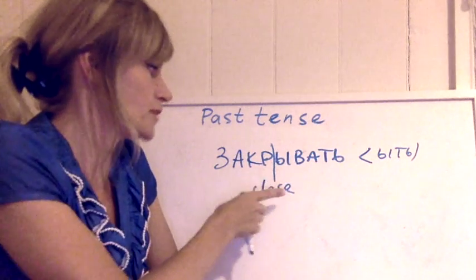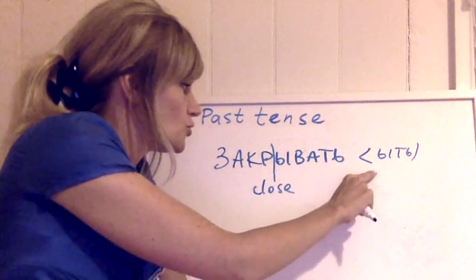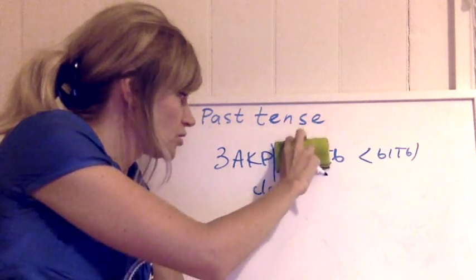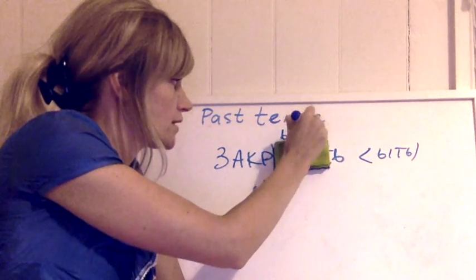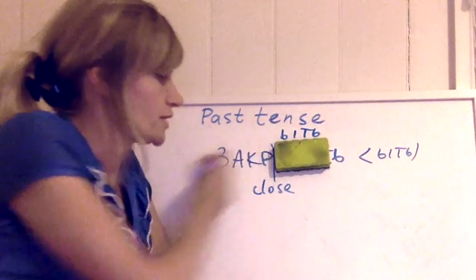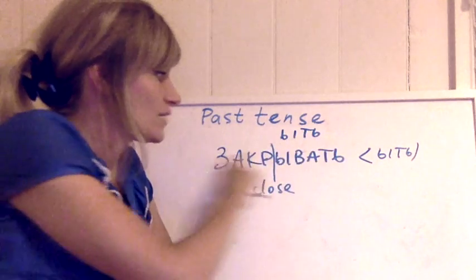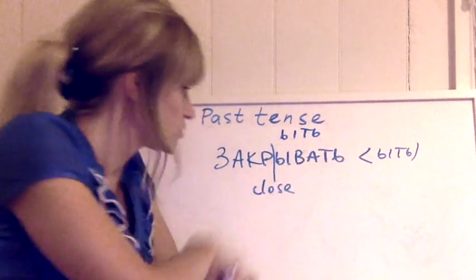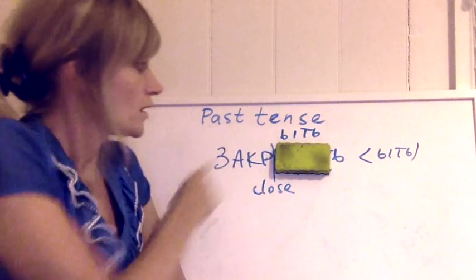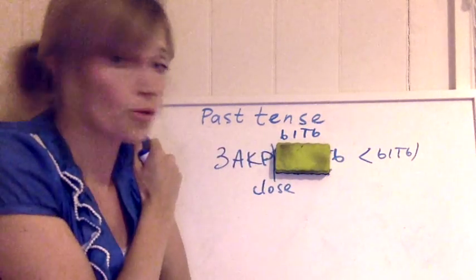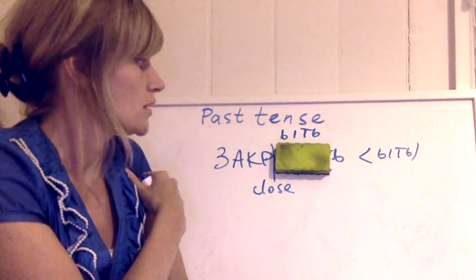First is the imperfective form, and then if you keep reading, you will see that it can be taken away. This can be added. So if you put it here, it's actually a perfective form. Close. Закрывать, to be closing, and закрыть, to close. This is how you can know from the dictionary perfective and imperfective aspects.